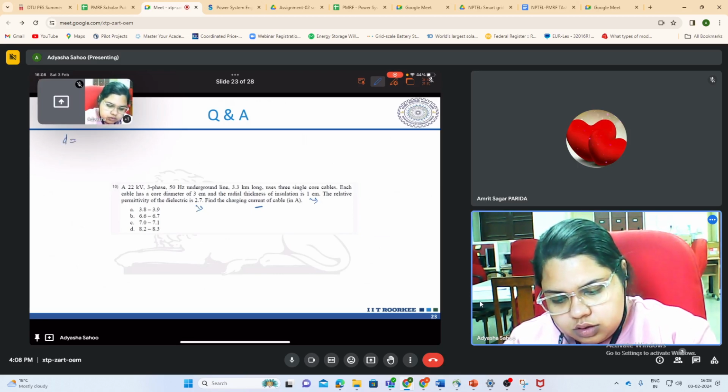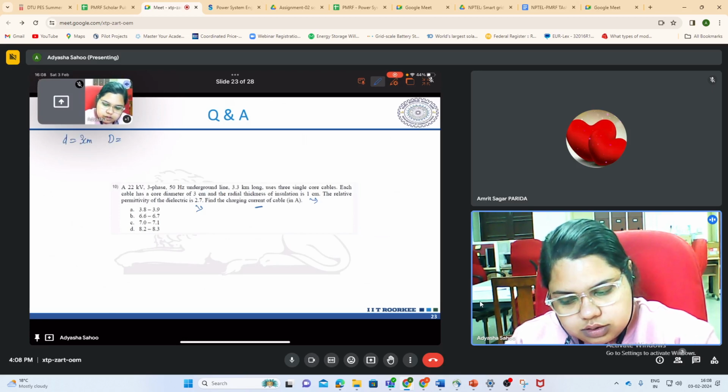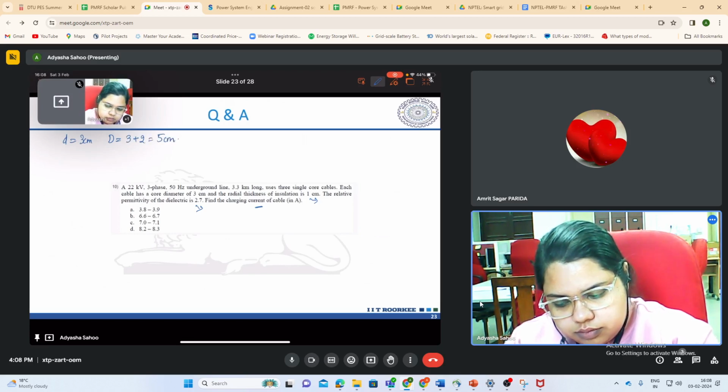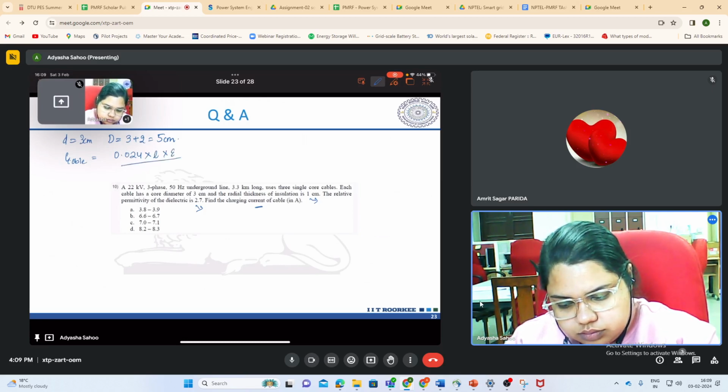Here d is 3 cm. If we add the thickness, D will be 5 cm. So for a cable, capacitance is 0.024 times L times epsilon divided by log of D by d.